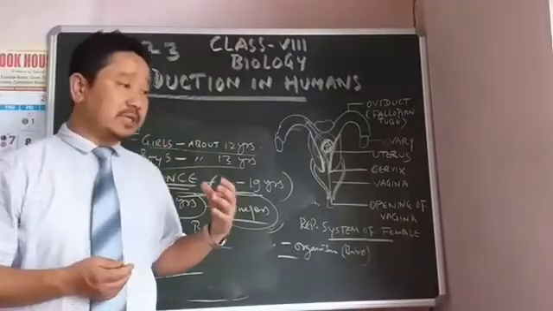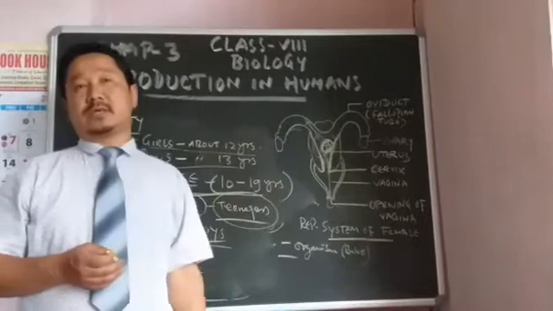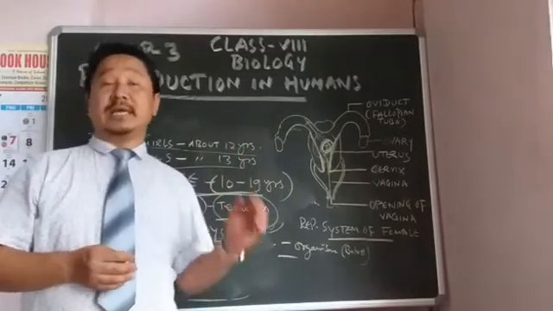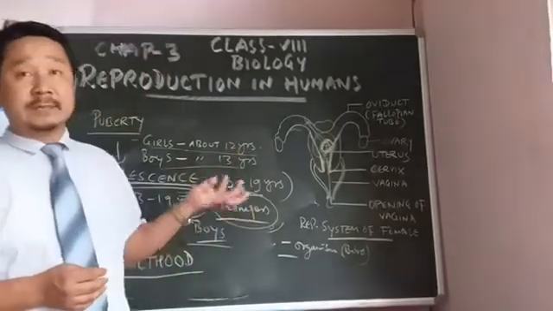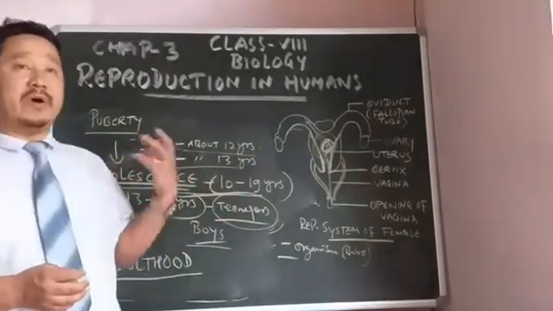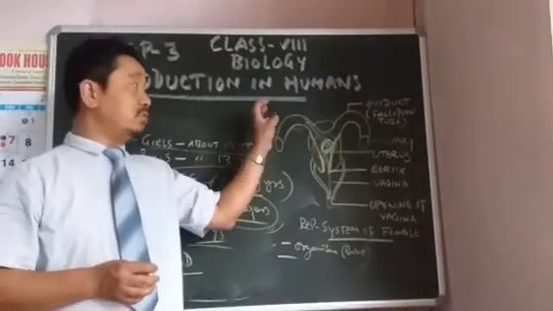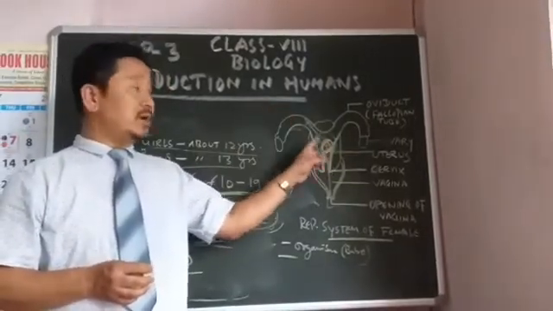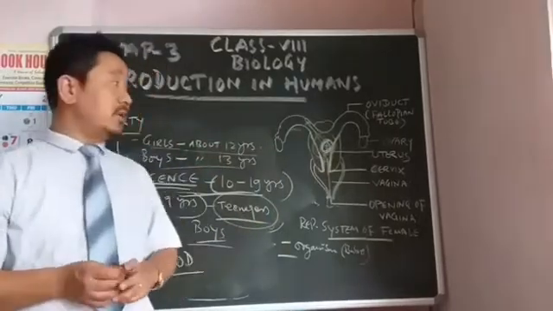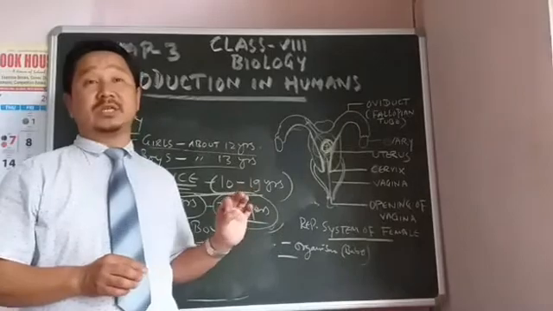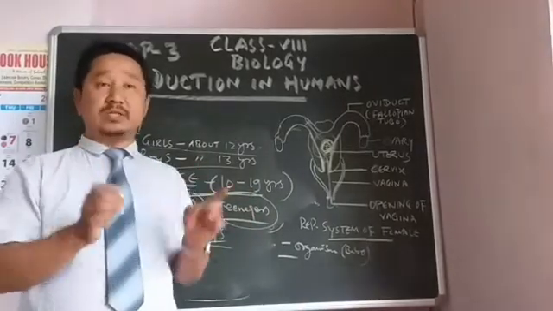So we started right from the discussion on the reproductive system of the male and female, then the fertilization, then the formation of the zygote, then the embryo, then implantation, fixing of the embryo on the wall of the uterus, then afterwards gestation, which completes in 280 days.